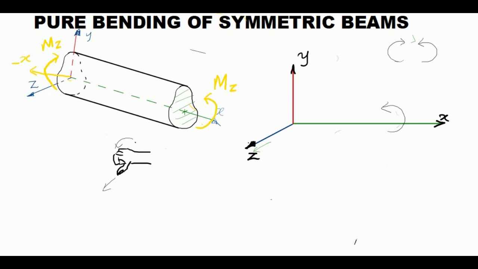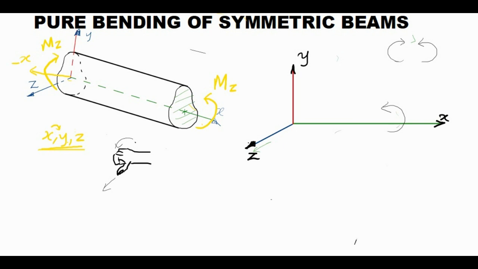And one more thing I have to say, here we use the x, y, z coordinate system. Another way to find the direction of moment: if we have a moment in the xy plane, and the moment is rotating from the x to the y axis, then the moment will be positive.